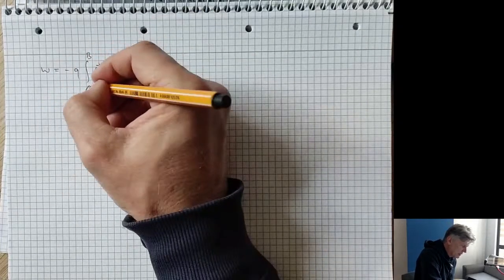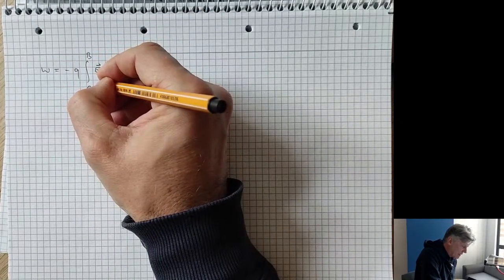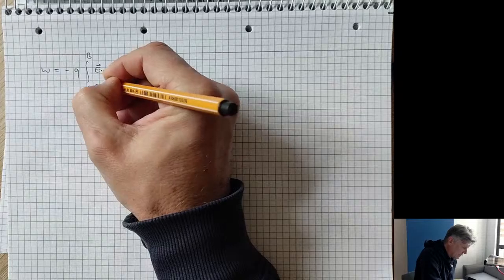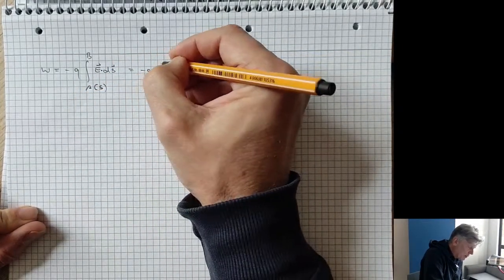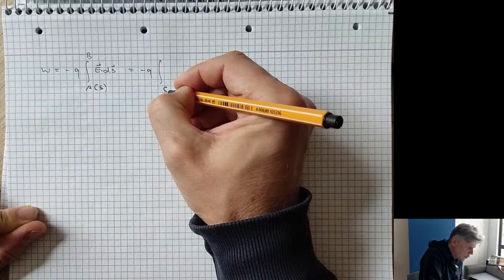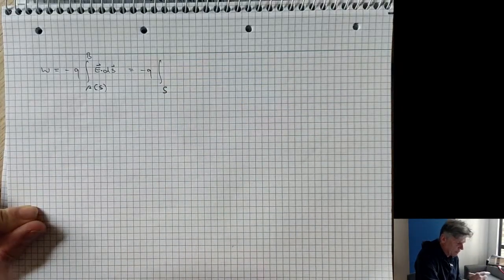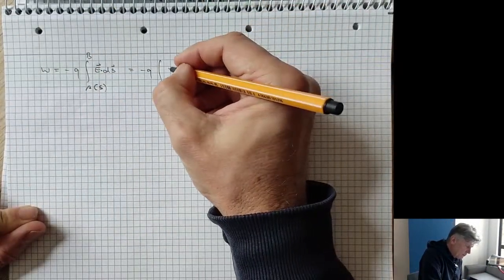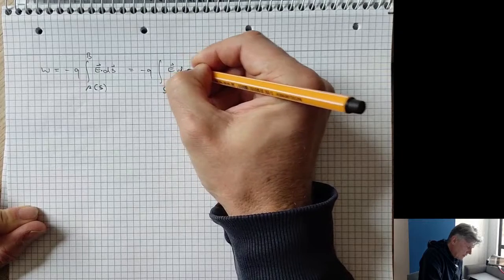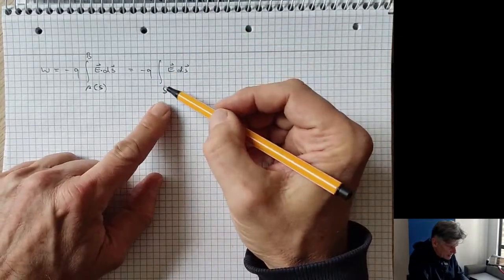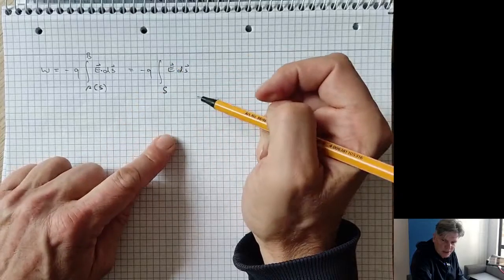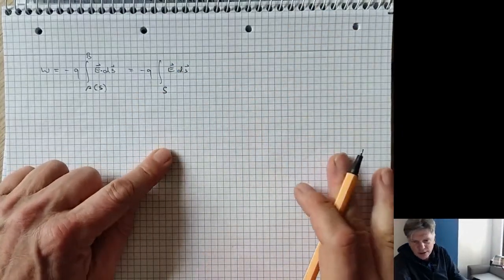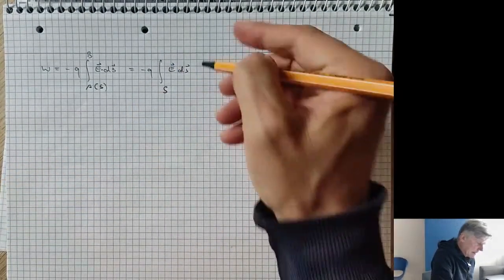I should have denoted this basically along the path S. So it would be a bit more precise if I say I want to walk along this path S, E ds, but in the end the path S starts at A and ends at B. This is a bit clearer.